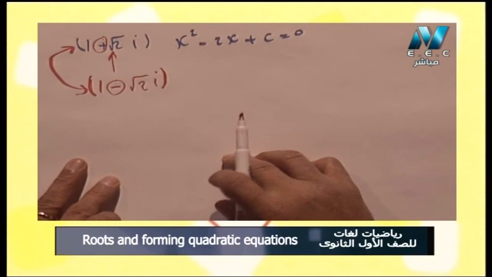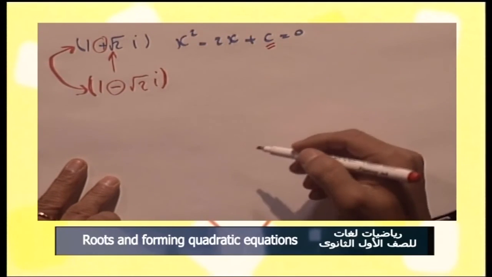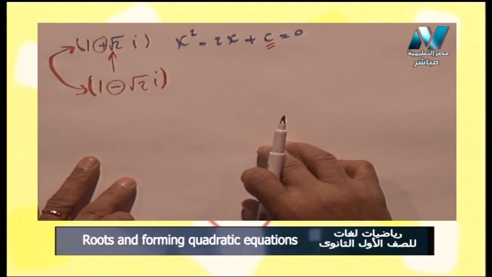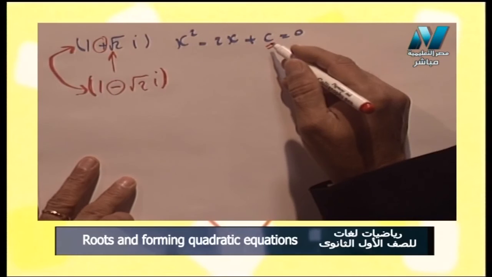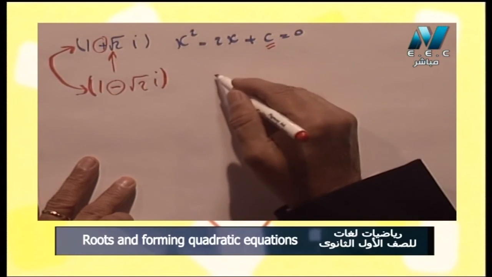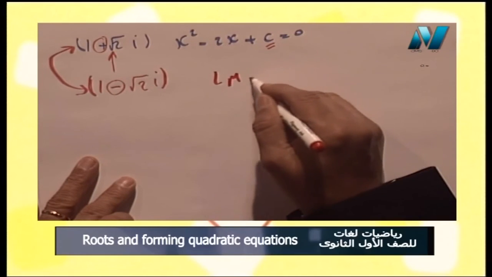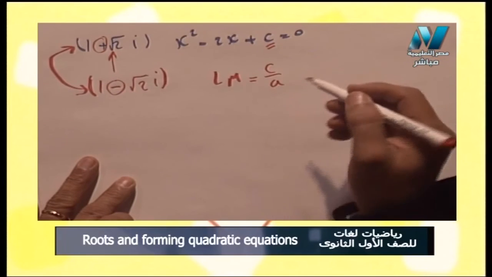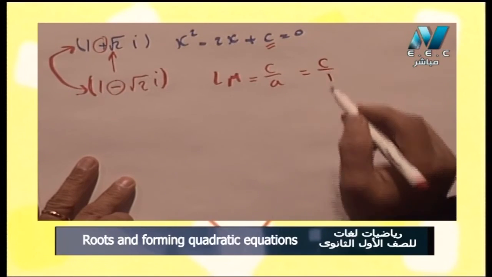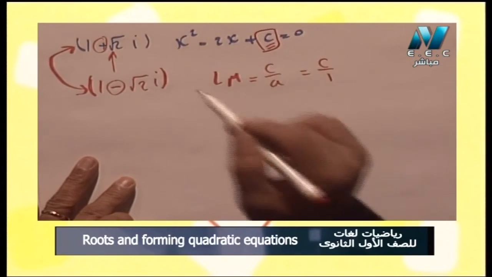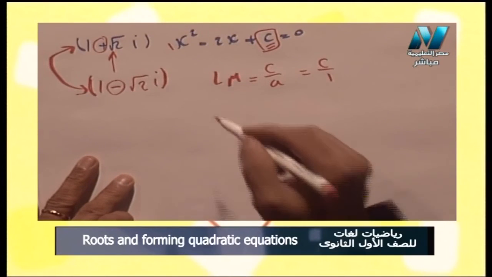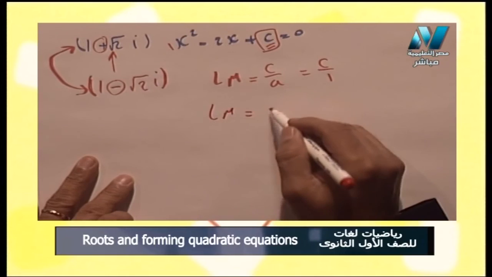Now the value of c. We know that the product of the two roots, L m or alpha beta, equals c over a. Here it equals c over 1, because the coefficient of x^2 is 1. So L m equals c.